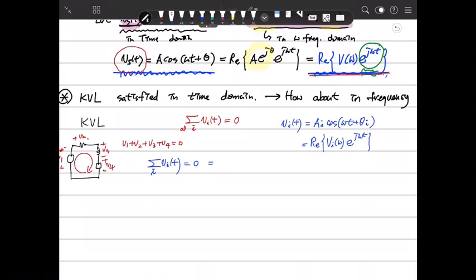So there will be the sum over all i of the real part of Vi phasor times exponential j omega t.